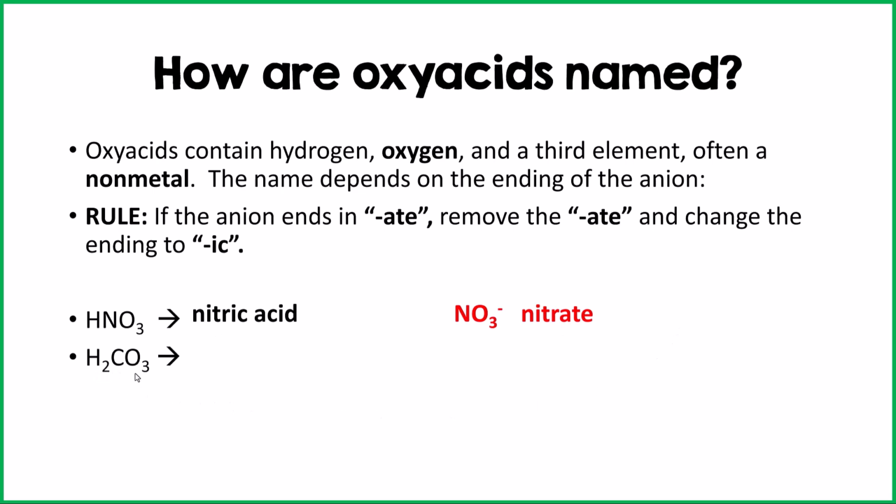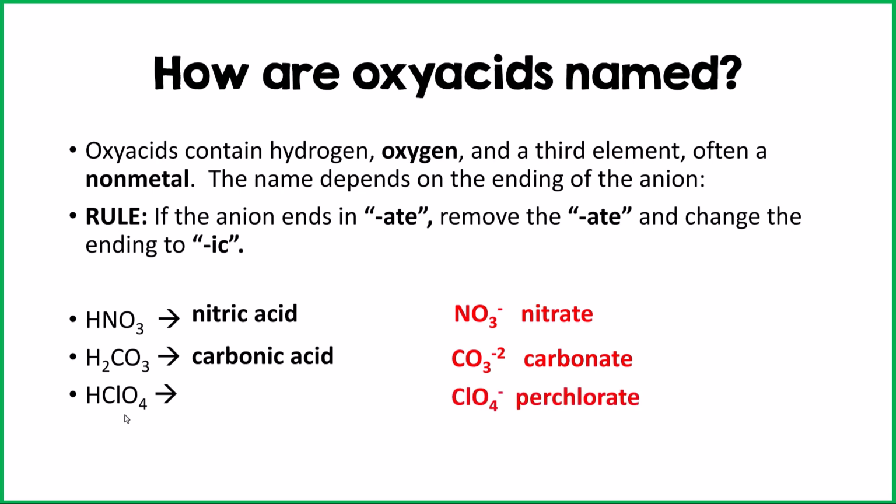So this one, we have a carbonate ion here for our anion. So we're going to remove the ate, change it to ic. This is going to be carbonic acid. Rather than carbonate, carbonic acid. Try this one.